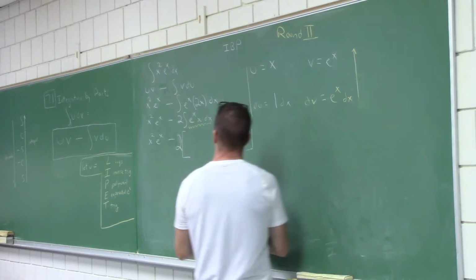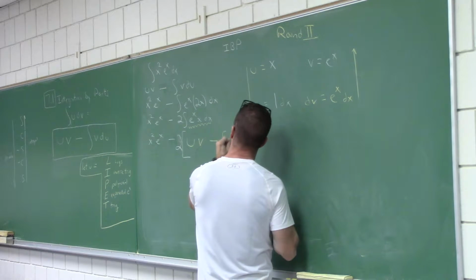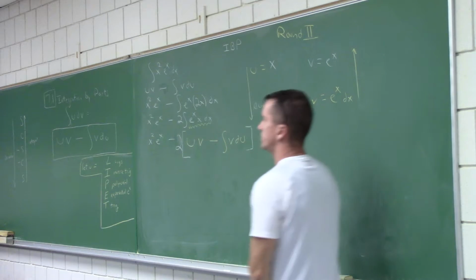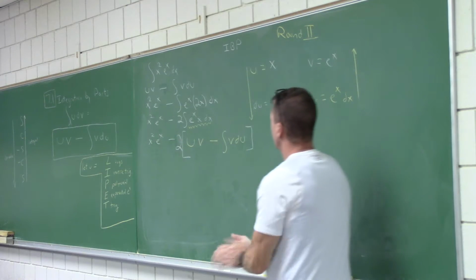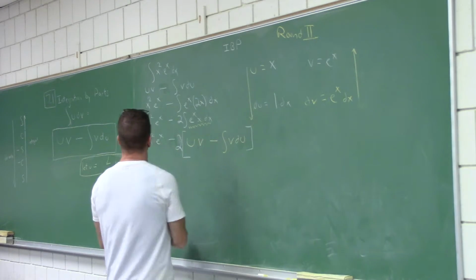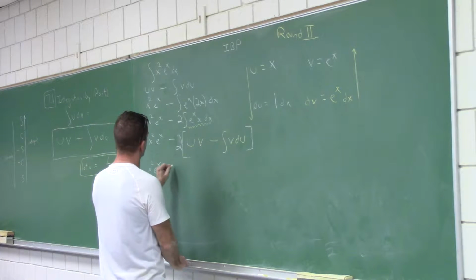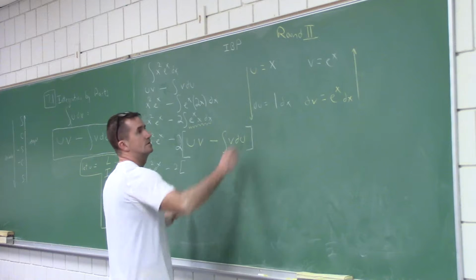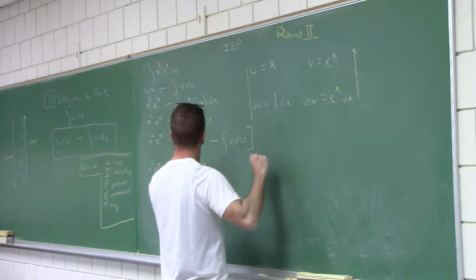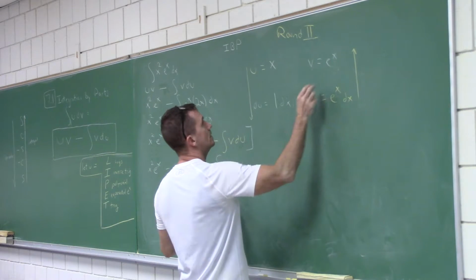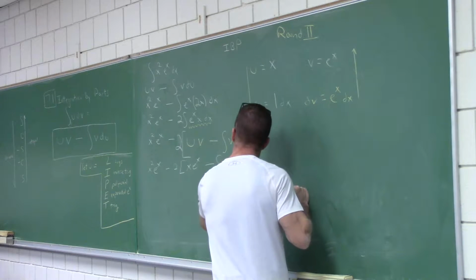Okay, let me write out the phrase uv minus integral v du. x squared e to the x minus 2 times uv minus integral, v is e^x, and the du is just 1 dx.